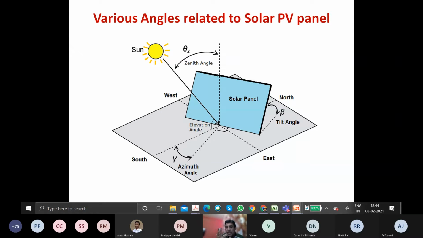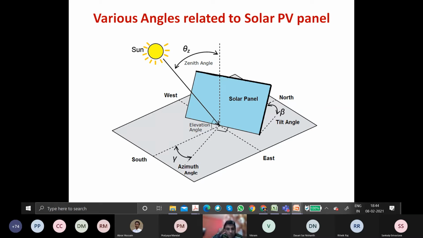There are sun tracking systems. One solar panel or an array of solar panels can be placed on a sun tracking system, and they will move as the sun moves. They will follow the sun path. That is called the solar tracking system.